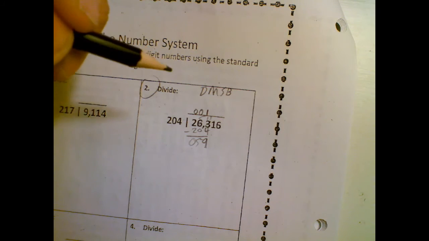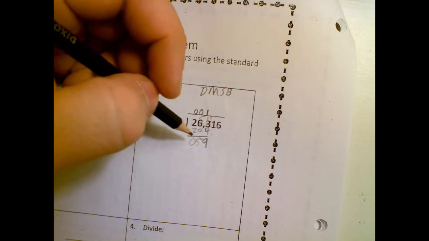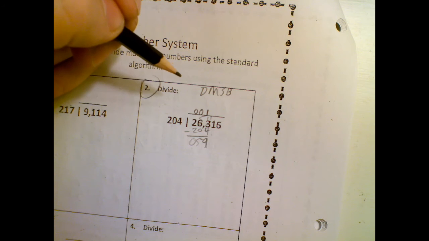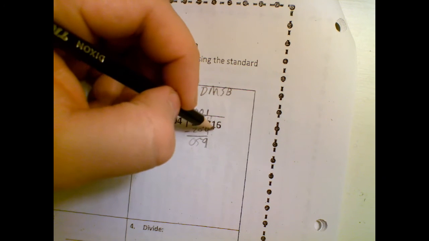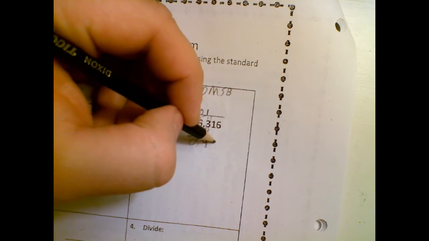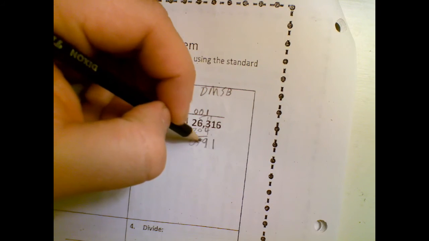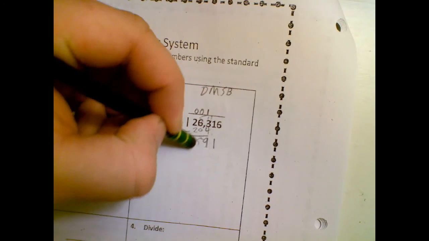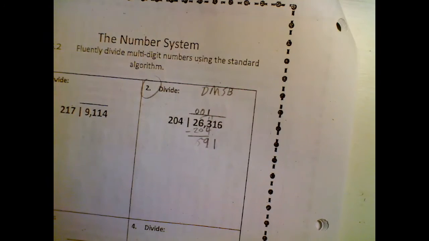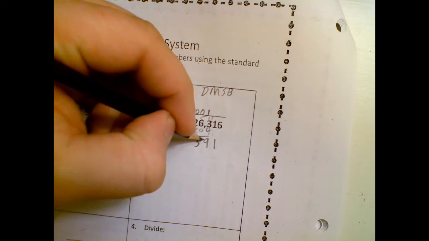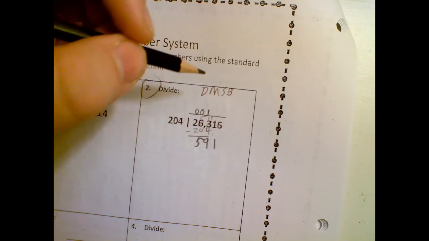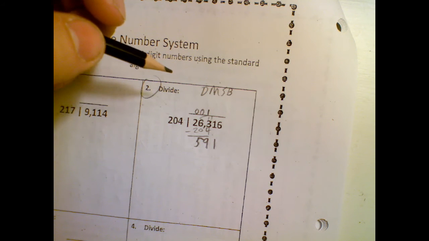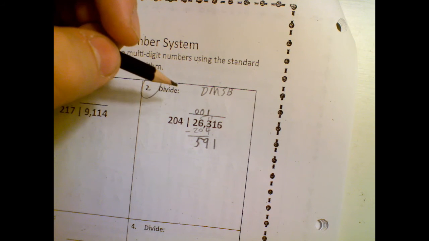Now, will 204 go into 59? No. Okay, so then we're going to bring 1 down. So we're bringing down this 1. Okay, so now we have 591. So let's think about how many times 204 will go into 591.